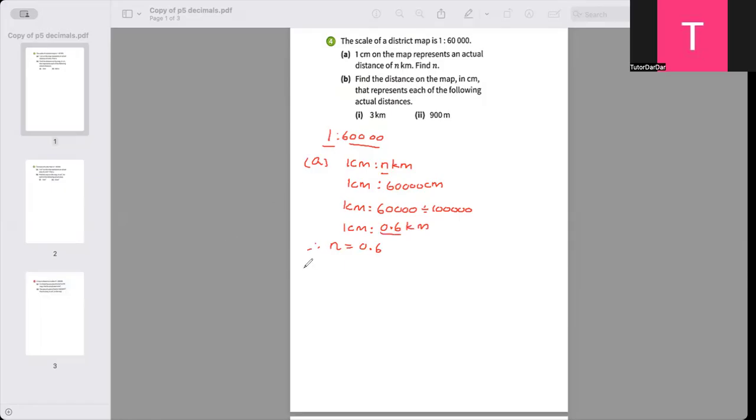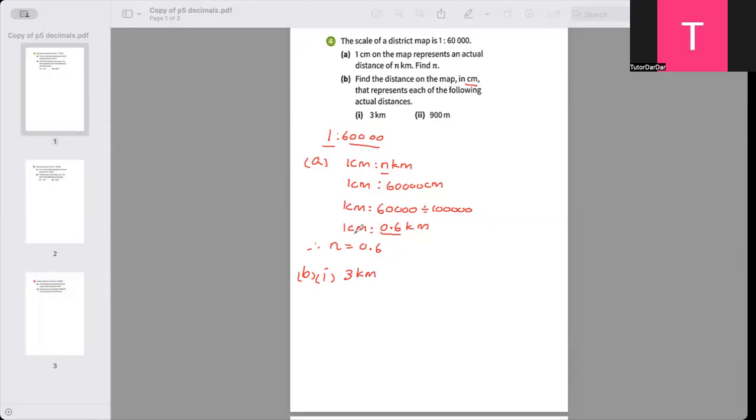Now B, number 1. Find the distance on the map in centimeter that represents each of the following actual distances. They give you the actual distance. They want you to find in centimeter on the map. So number 1 is 3 kilometer.